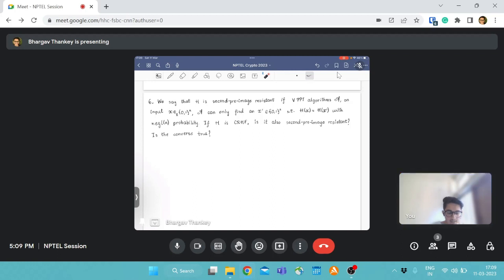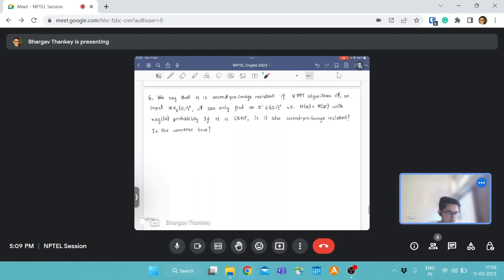Would you like to guess which of these is true? Does collision resistant imply second pre-image resistant?